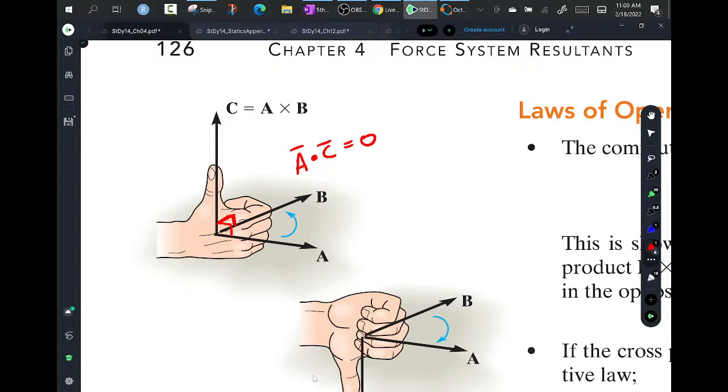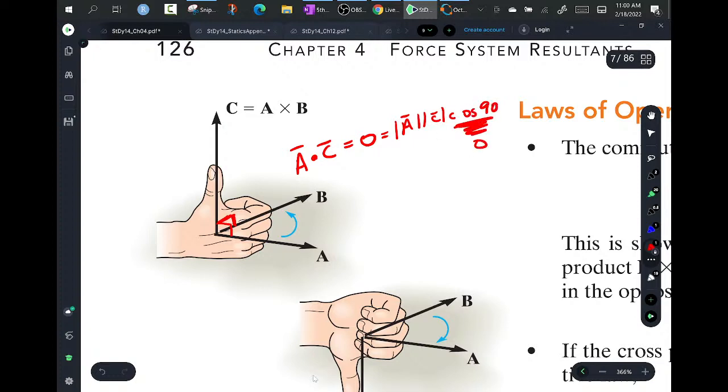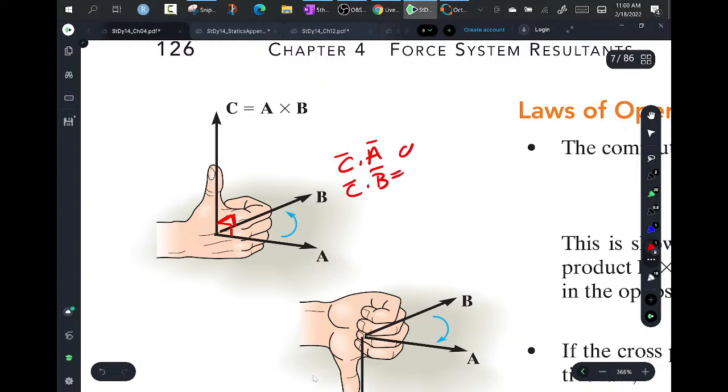Why? Because magnitude of A, magnitude of C, cosine of the angle between them becomes 0. This is very handy later on in dynamics. So C dot A and C dot B are both 0.